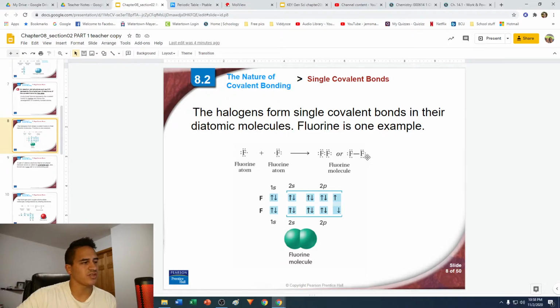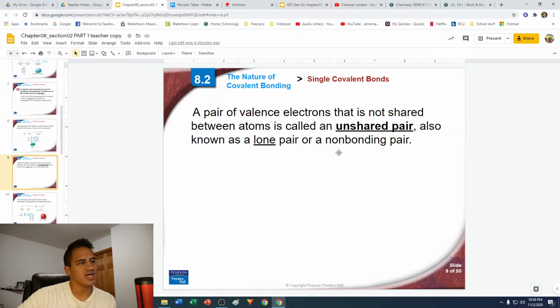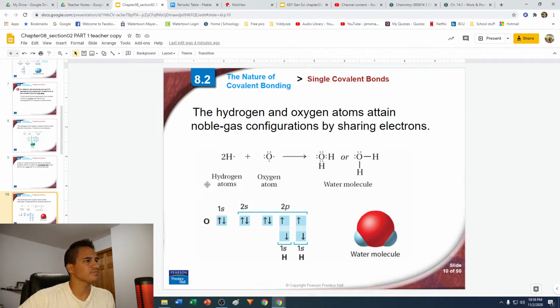They're paired up with each other, but they're not shared in between the 2 atoms. They will play a very big role later on in this chapter when we learn about molecular geometry, which is the shape that a molecule will take. So for now, it's important to know that there are lone pairs, or unshared pairs of electrons, on molecules that are not being bonded and that they do have an impact on the shape the molecule takes. But we'll learn about them in the next section.